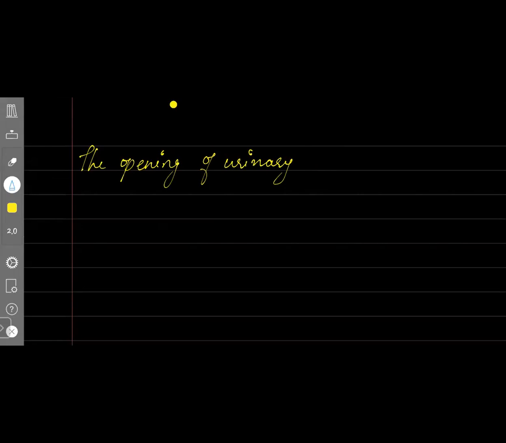This urinary bladder should have some control. Something should be controlling it, only then is there a release of urine.